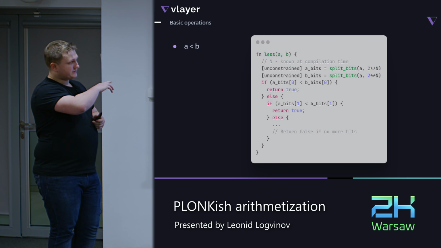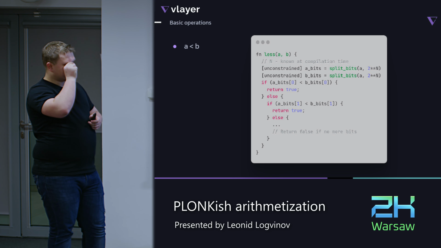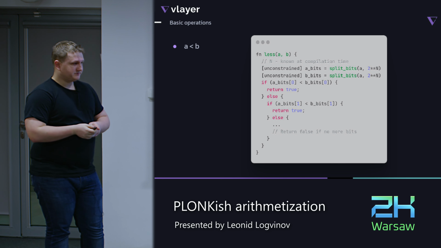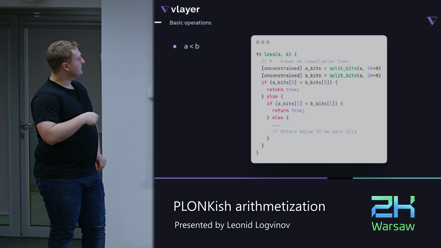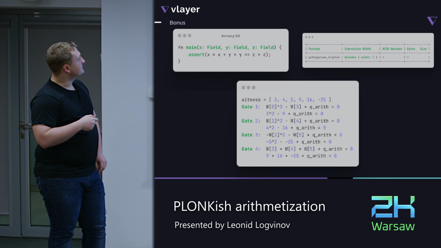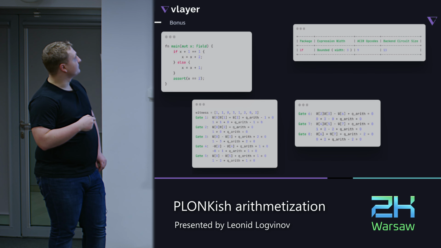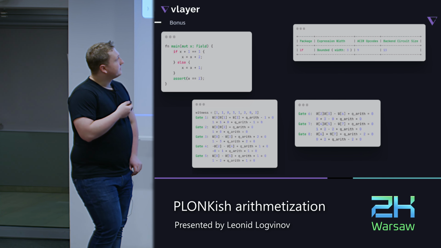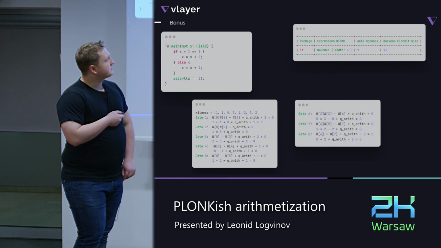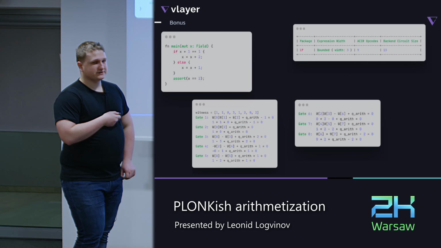Actually, there are a couple of levels here, what we can call the compiler or what we can call the prover system. On the left we have Noir, which is a program, so let's show some Noir code. This looks like a normal program, or let's show an if. So that is Noir. When you compile Noir, it shows you the number of ACIR opcodes and backend circuit size.